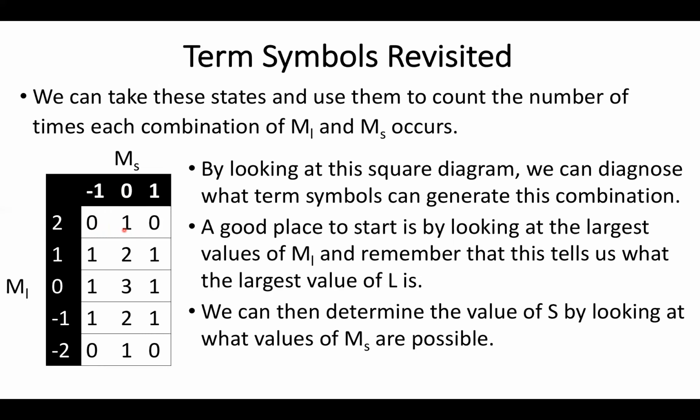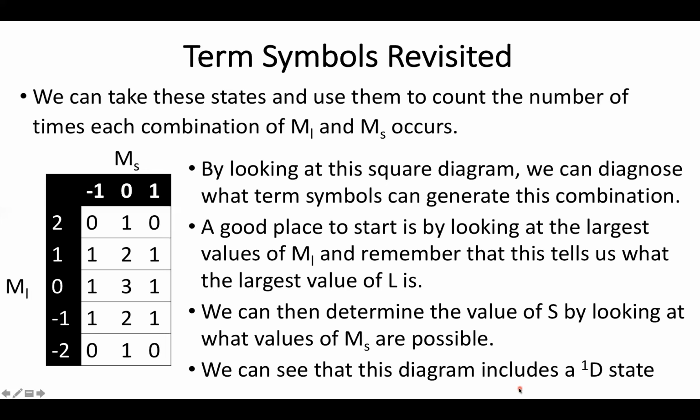So putting this together, that means that I can have a term symbol of D when L equals 2, and a multiplicity of 1 or a singlet state because S has to be equal to 0. So I now know that at least one of the possible term symbols in silicon is going to be this singlet D state.